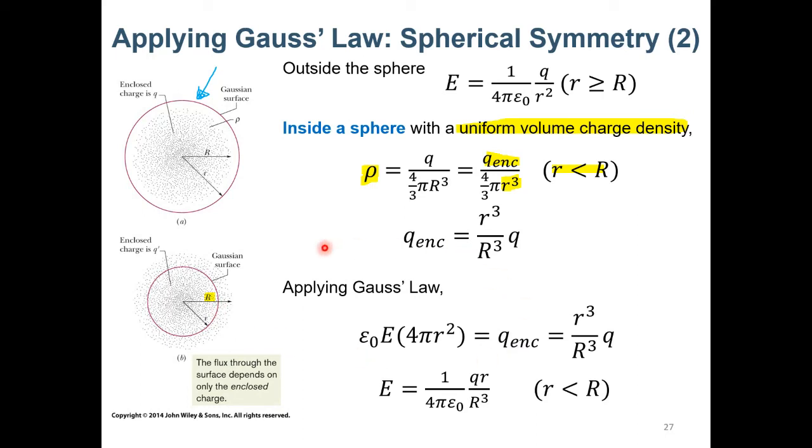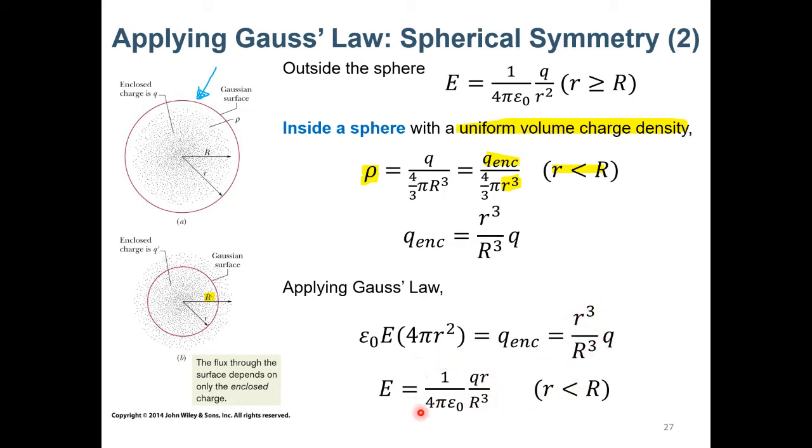Applying Gauss's law, on the left side we have epsilon, and E is constant, so we just multiply E by the surface area, which is the net flux. So it is 4 pi r squared, and Q enclosed is this one. We substitute it here, and r squared cancels, so only r remains over capital R cubed.